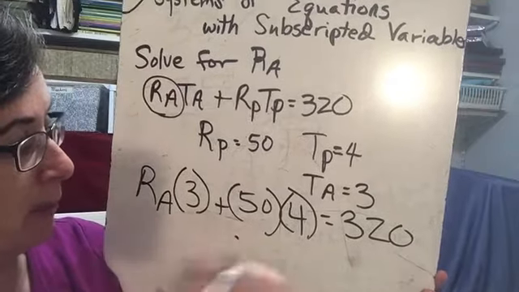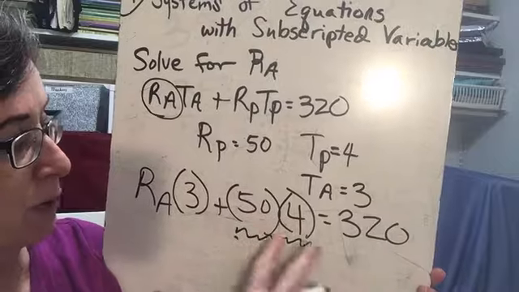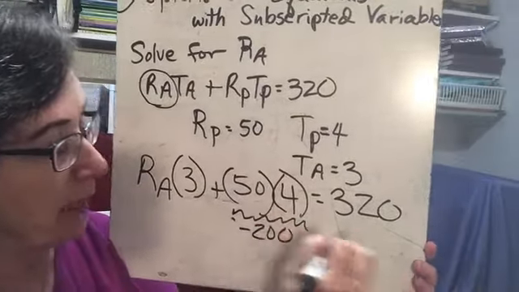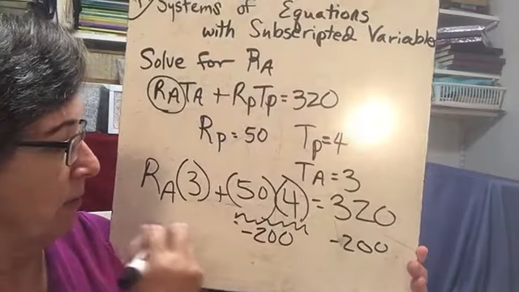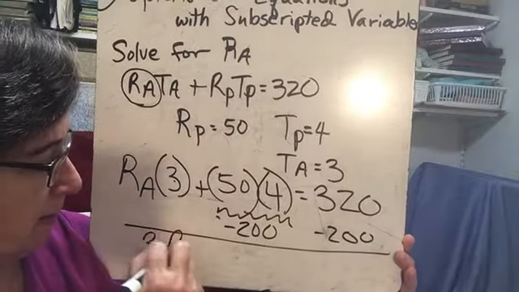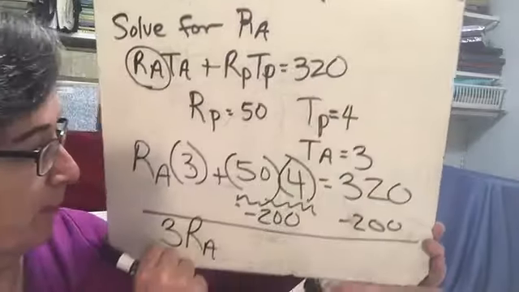Okay, so we're trying to find this unknown quantity RA. The first thing we want to do is get rid of this right here. So we're going to subtract 200. So subtract 200 from the left and subtract 200 from the right. So now we have 3RA. R sub A is how we read that.